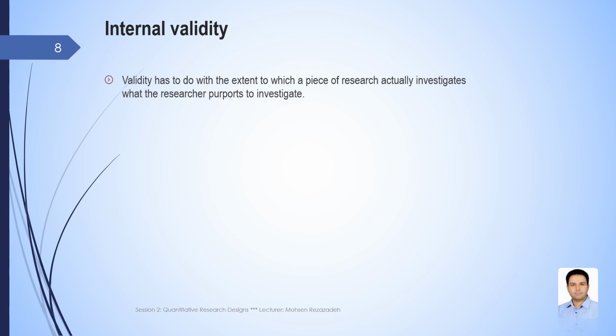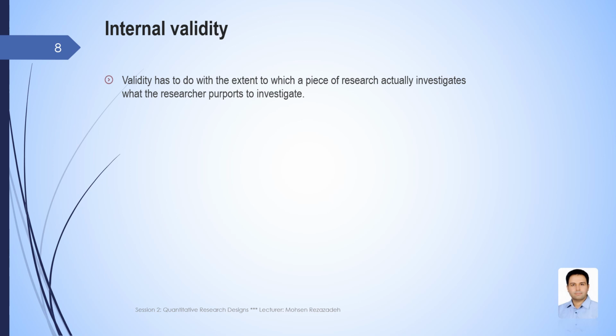Its primary purpose is to increase the accuracy and usefulness of findings by eliminating or controlling as many confounding variables as possible, which allows for greater confidence in the findings of a given study. This is why we say it is related to the quality of our research.